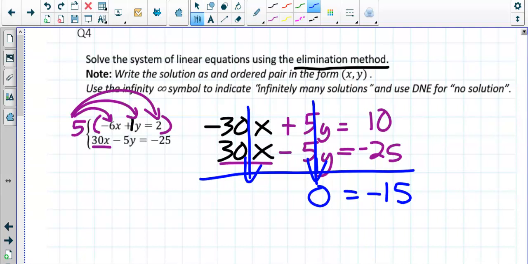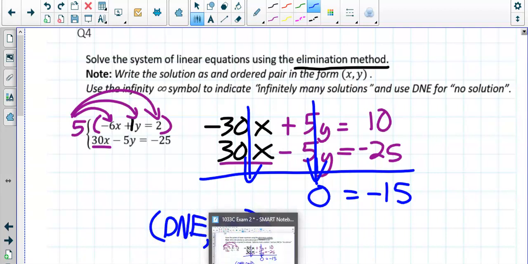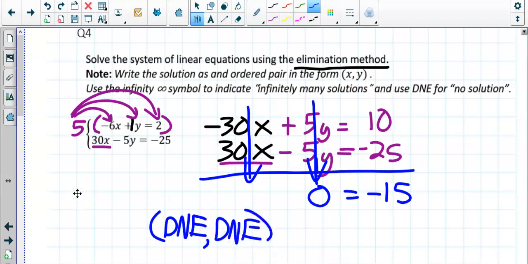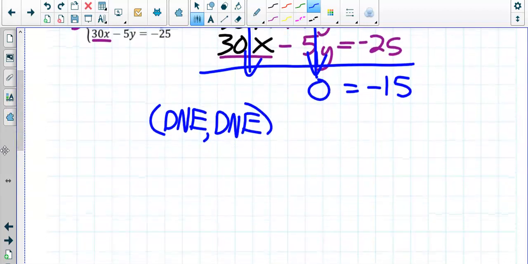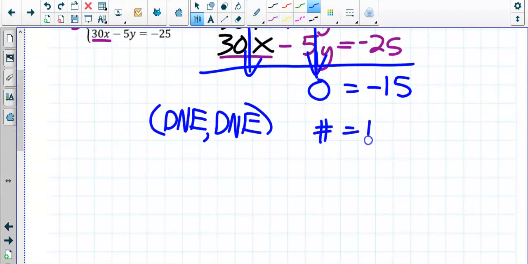Yep. So in this little point, you would put DNE, because there is no solution. When you have a number equal to a number and they are different, like in this case, that's a no solution.